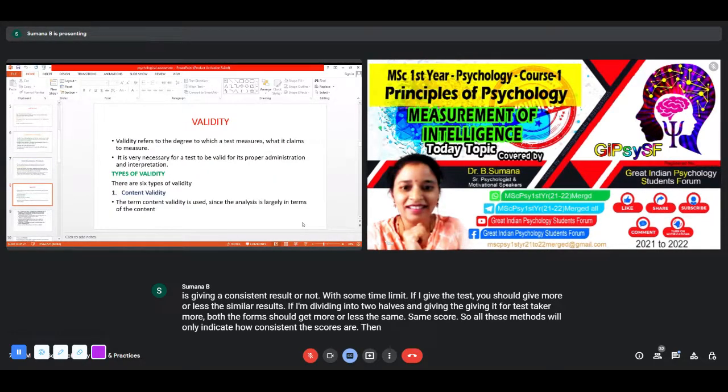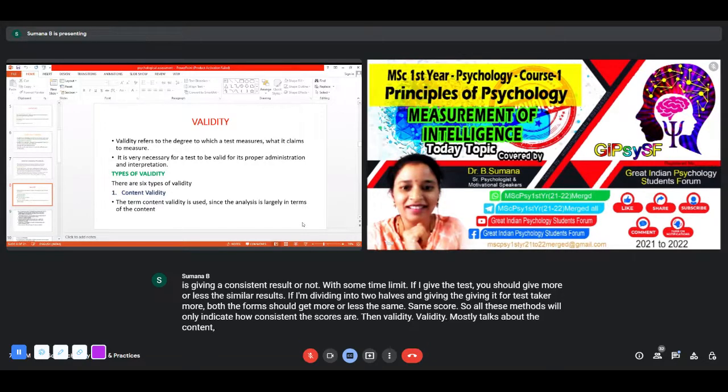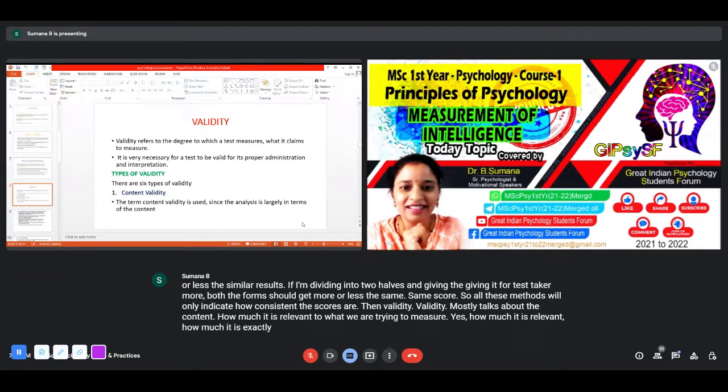Then validity mostly talks about the content, how much it is relevant to what we are trying to measure, how much it is exactly measuring what we intended to measure.